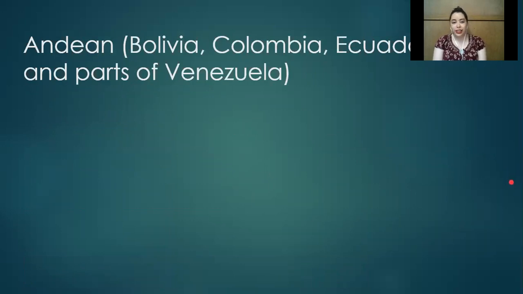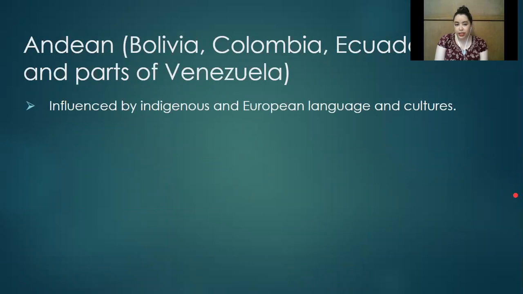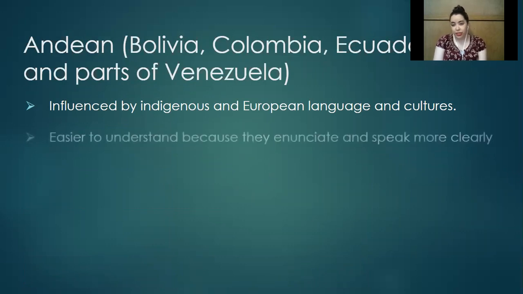Andean is the Spanish that's spoken in Bolivia, Colombia, Ecuador, and parts of Venezuela. This is really heavily influenced by the indigenous cultures around it and also the European language and cultures. It's again easier to understand than some of the others because they enunciate and speak more clearly a lot of the time.